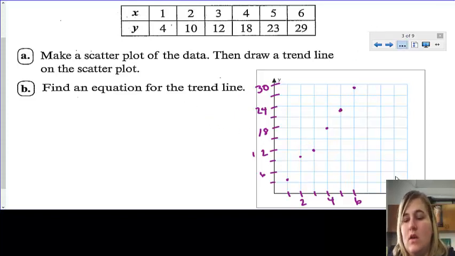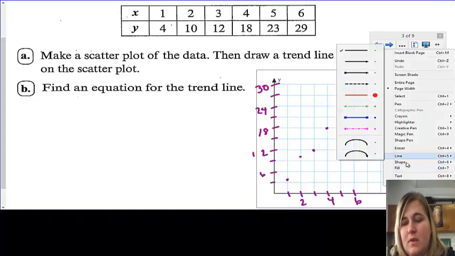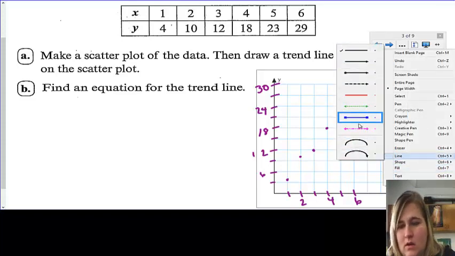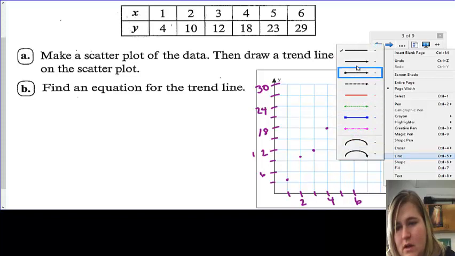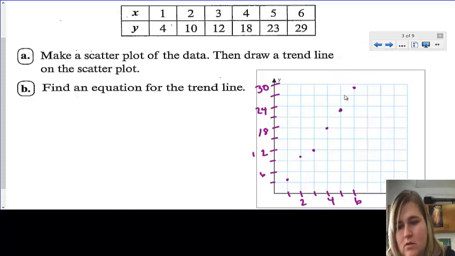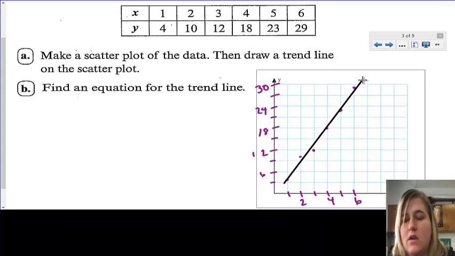So I'm going to get out my line tool, and I don't want it to be dotted. These are pretty close to a straight line, so I'm just going to estimate this and put it about there.